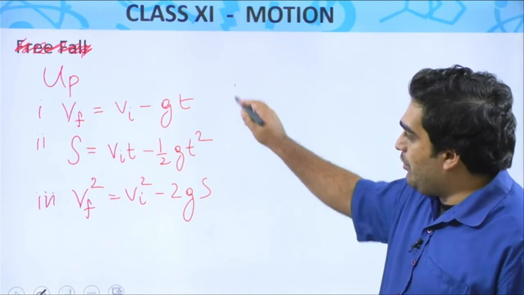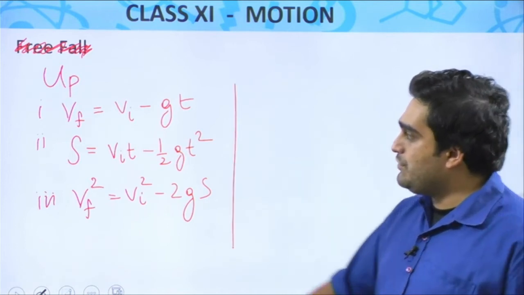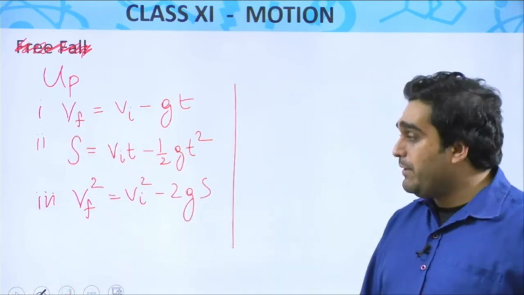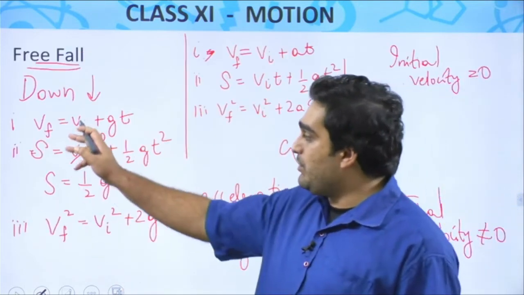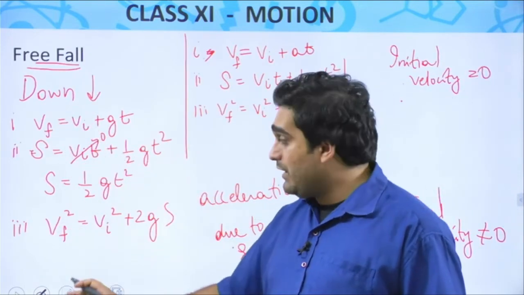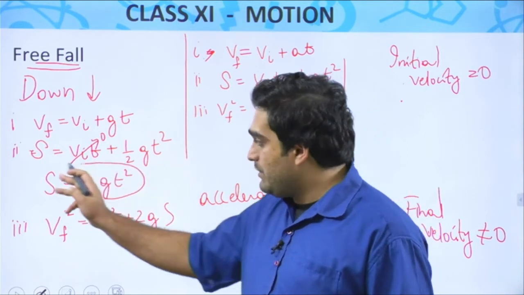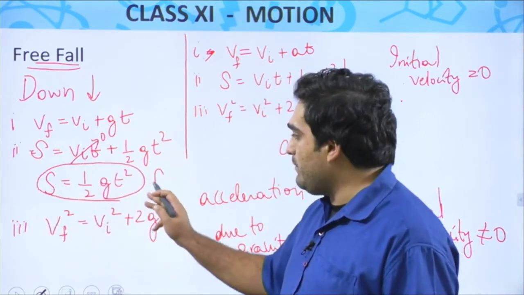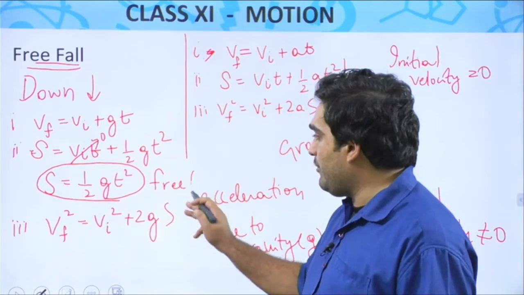So make note of these three equations of motion for objects that are traveling up, and also three equations of motion for objects that are traveling down, and this particular one is for objects that are under free fall.